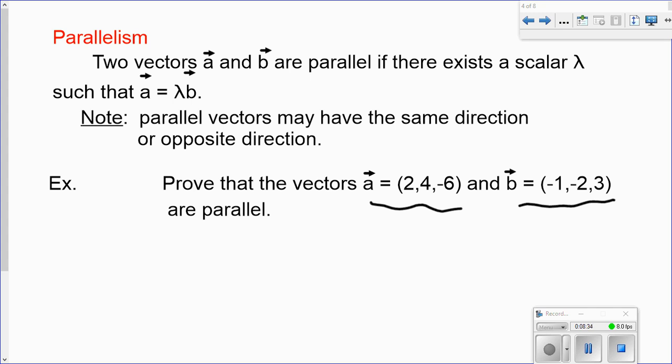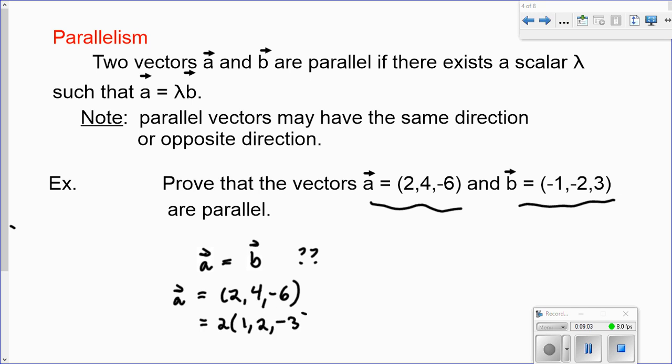It looks to me like vector A and vector B. How are they related here? So how can I make this statement true here? Well, if I have vector A, and that's 2, 4, and 6, it almost looks like I've got a common denominator. I could take out a 2, right, and be left with a 1, a 2, and a -3.